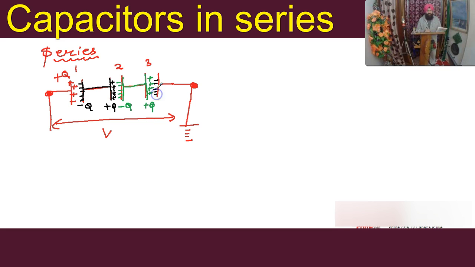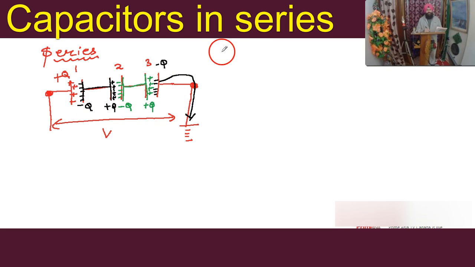The inner side will acquire the minus Q charge. The outer side acquires plus Q charge, but plus Q flows to earth, so there is only the negative Q. This is how the capacitors acquire the charge. Each capacitor has plus Q and minus Q on its plates, like capacitor 1 plus Q minus Q, capacitor 2 plus Q minus Q, capacitor 3 plus Q minus Q. Okay.